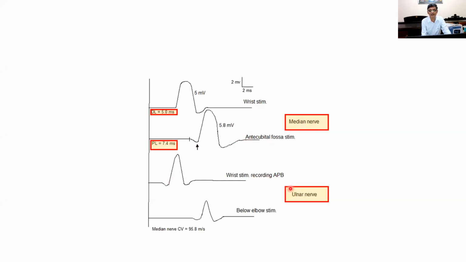And the ulnar nerve also shows the same pattern. Here the distal latency is shorter, and the proximal latency is longer. And then we have given some numbers. I will tell what we do in the next slide. I have taken some examples.